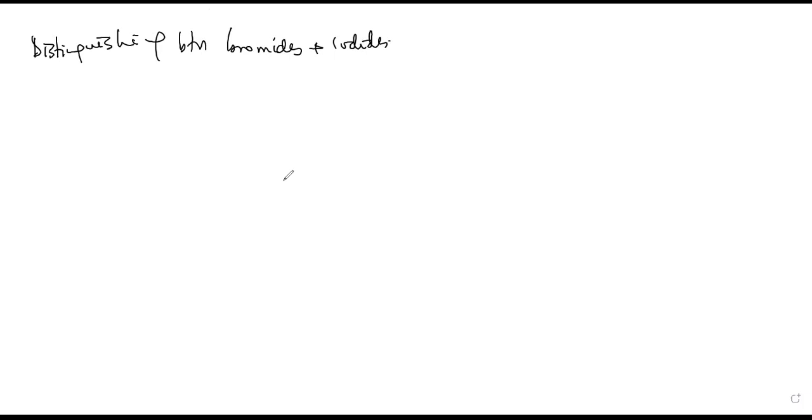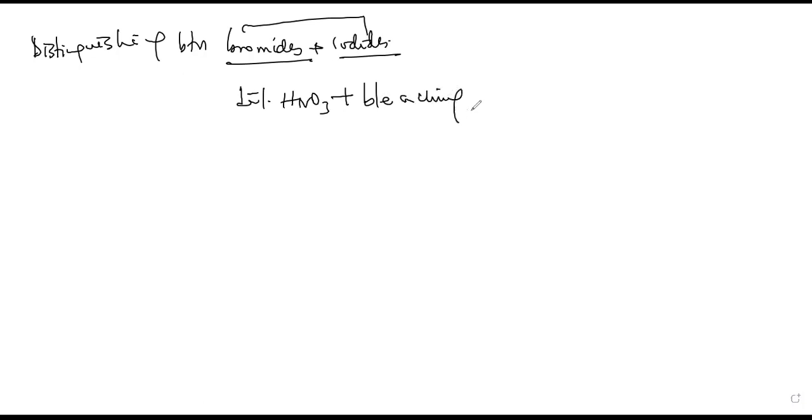What do we do to the test solution, because we want to distinguish between these two? To the test solution that has got these two, we add dilute nitric acid, followed by bleaching powder. One can use calcium hypochlorite, a bleaching powder. Okay, we add bleaching powder.